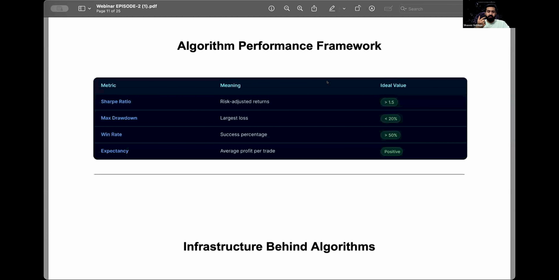The Sharpe ratio is risk adjusted return, and the ideal value of Sharpe ratio is usually less than 1.5%, and max drawdown is the largest loss that these algos undergo, and that's around 20%. Win rate, that is success percentage, is always more than 50%.